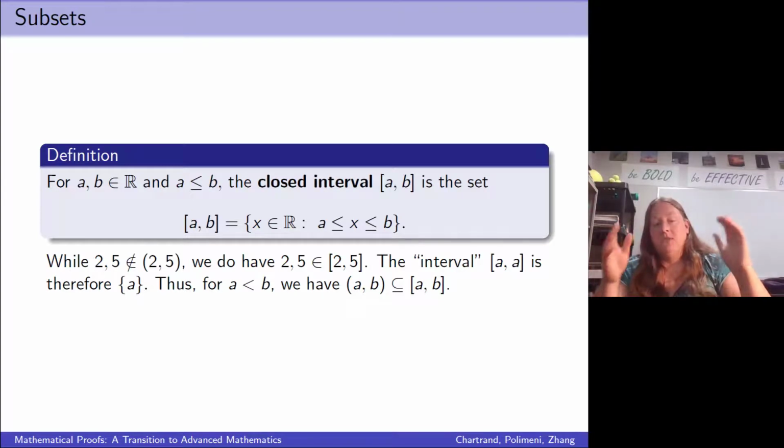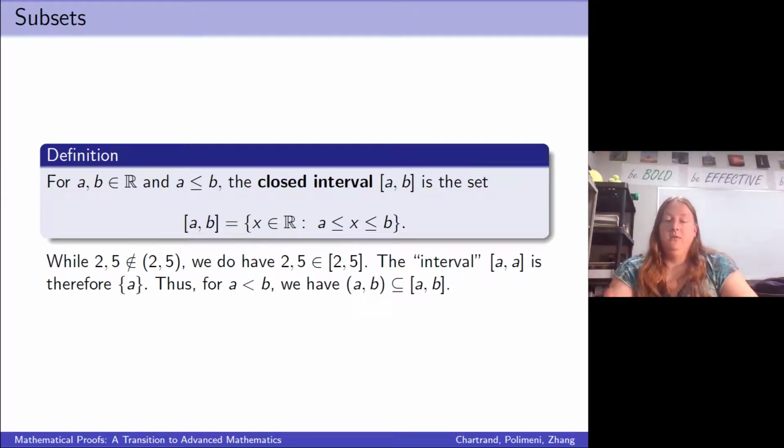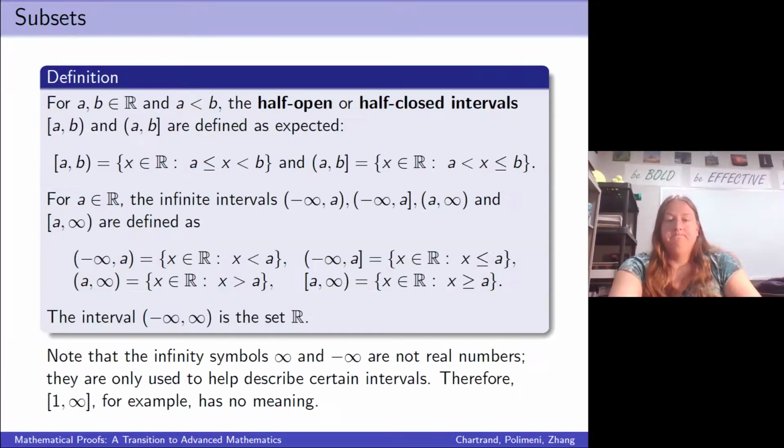So if I'm going between 2 and 5, I'm actually going to include the numbers 2 and 5. That's the only difference between an open and closed. All right. We can have half open and half closed, so you can choose to include the upper bound or the lower bound without including both or without excluding both. That's an option.